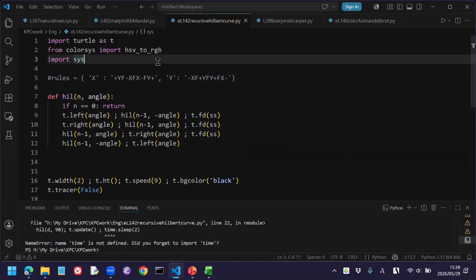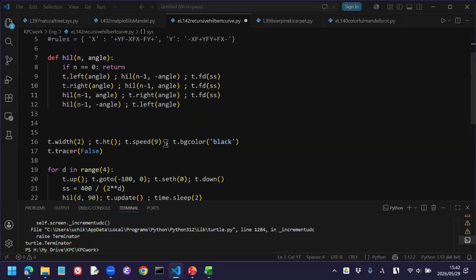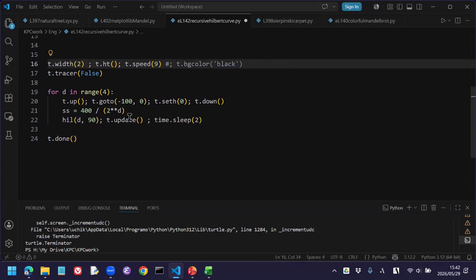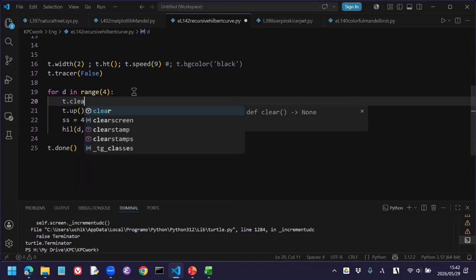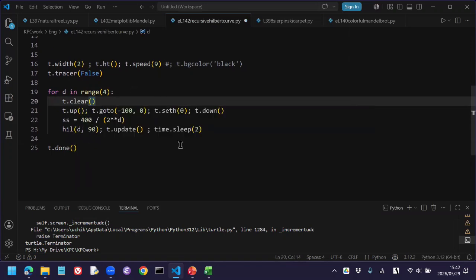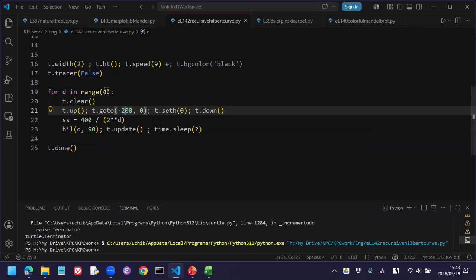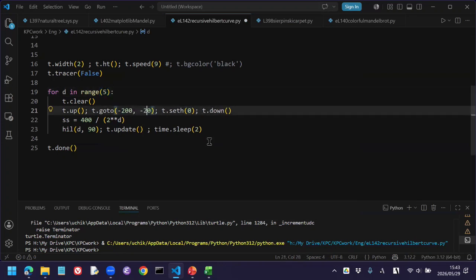We need time. Also, we don't need background color black. And we need to clear. We will start from negative 200. Let's go a little deeper, and start from minus 200, minus 200.